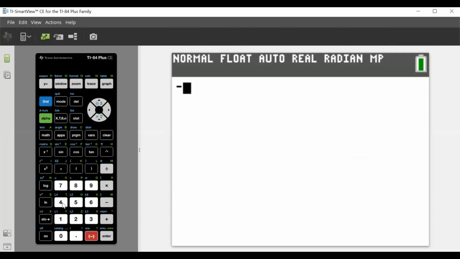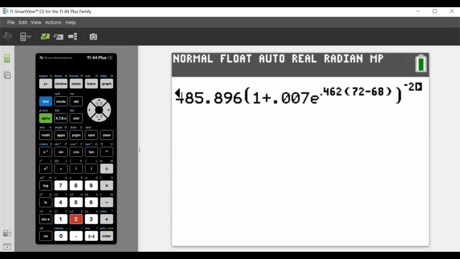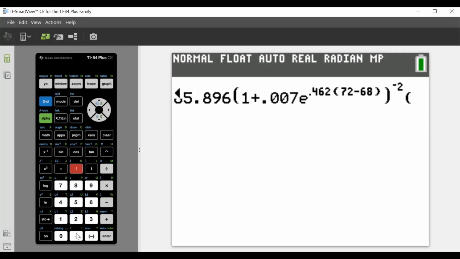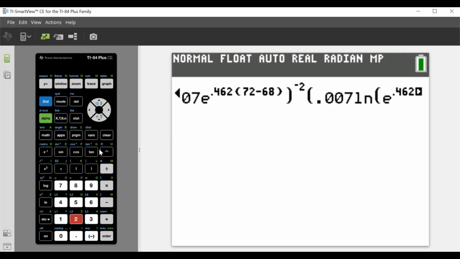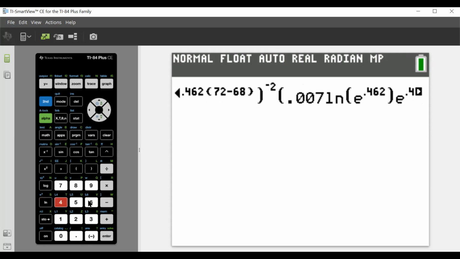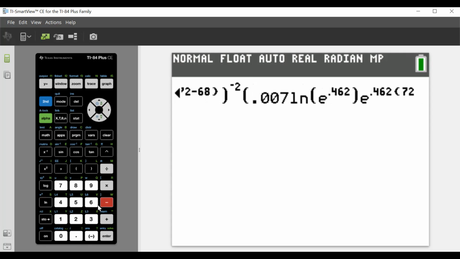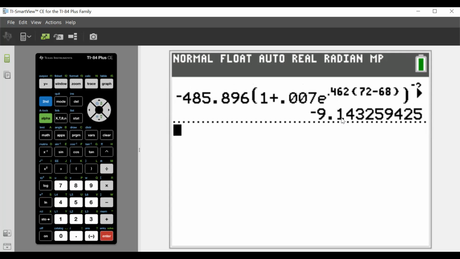So we'll have negative 485.896 times 1 plus 0.007 e to the 0.462 times 72 minus 68, parenthesis, arrow down, and that's the negative 2, arrow down again, and then it's times 0.007, and we have ln of e to the 0.462, and then arrow down and parenthesis, and then we have e to the 0.462 times 72 minus 68, parenthesis, arrow down, and in theory, that should give us our value. And so negative 9.143.